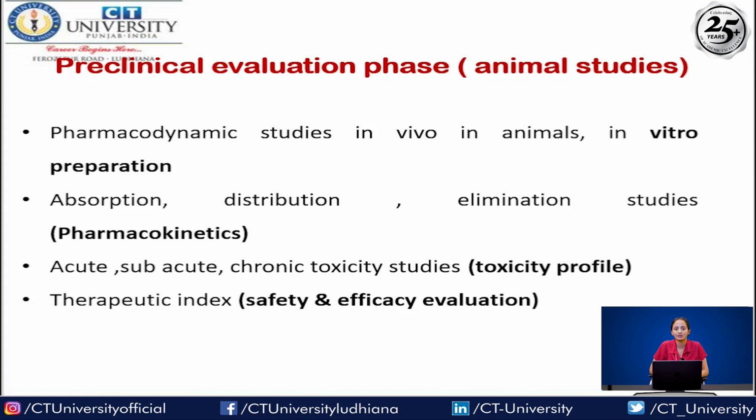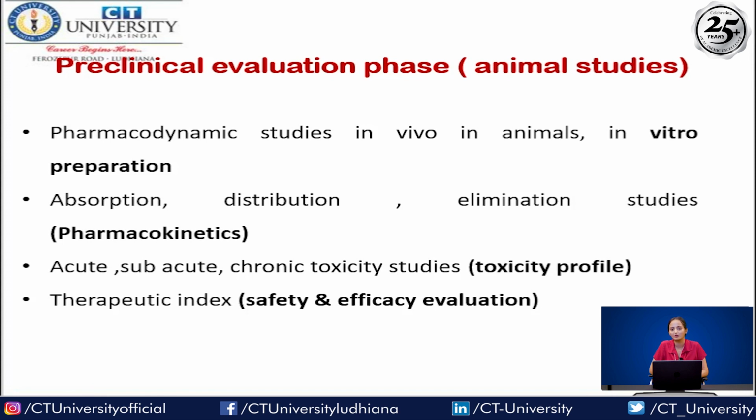Preclinical evaluation is also known as animal study. In preclinical evaluation, we do pharmacokinetic and pharmacodynamic studies. As you know, pharmacokinetics includes absorption, distribution, metabolism and excretion. Pharmacodynamics includes mechanism and adverse effects. The pharmacodynamic study is in vivo in animals, or in vitro preparations.